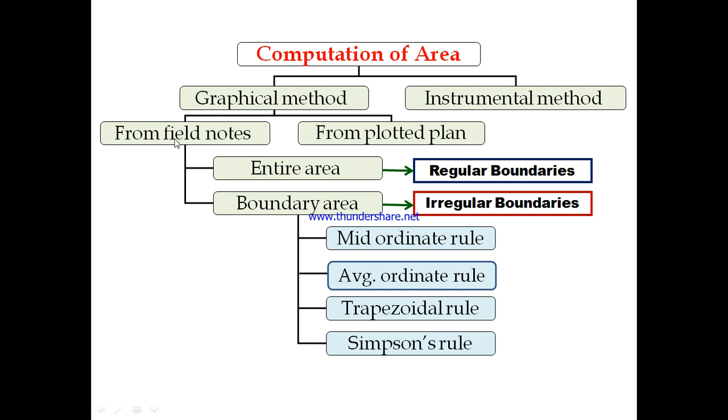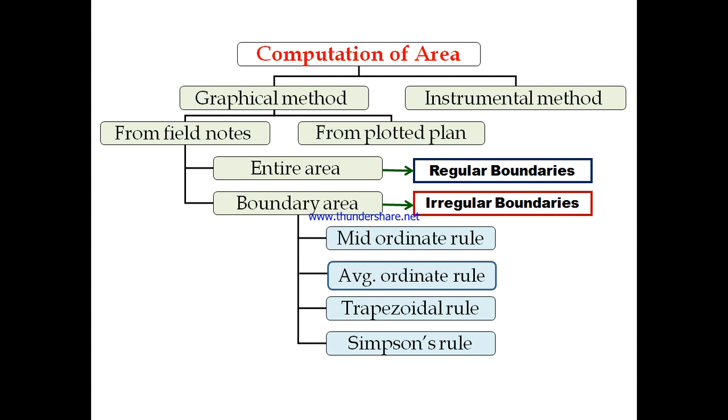From the field note, as we have already discussed, either we will measure it for the regular fixed boundary or fixed area, or we will measure the same for the rough boundaries, that are the boundary areas like the corner areas.